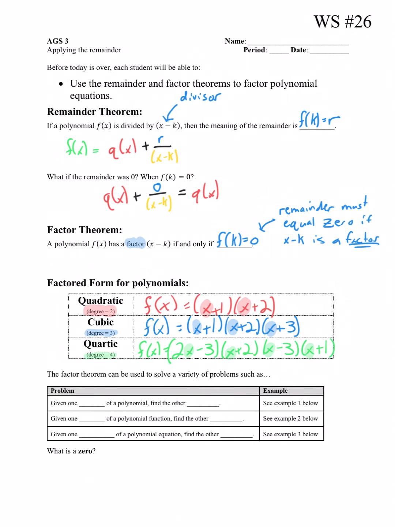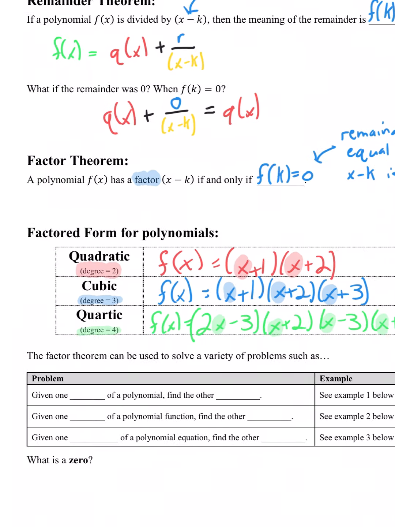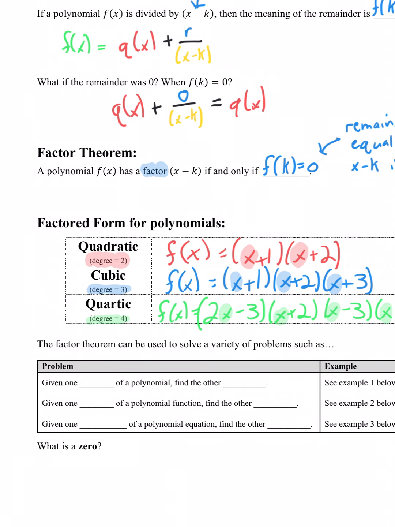Now, a couple different things that we're going to see here is a couple different uses of vocabulary, so different terminology. For example, for problem 1 down below, we're going to say, given one factor of a polynomial, find the other factors.